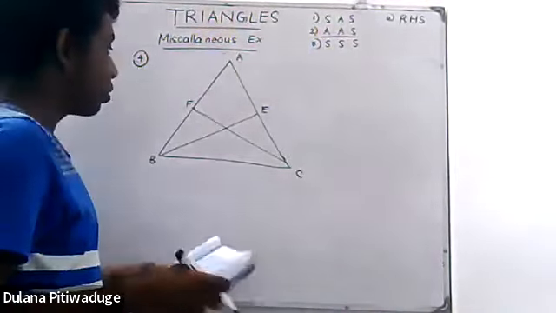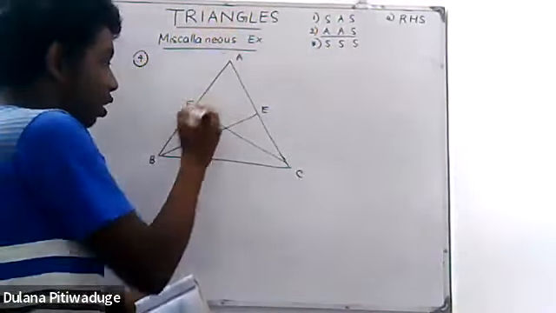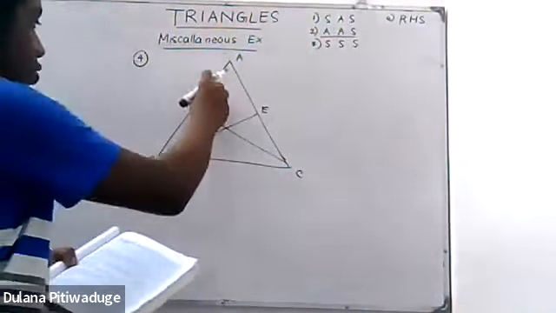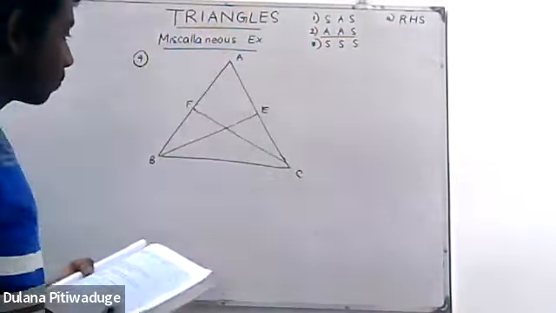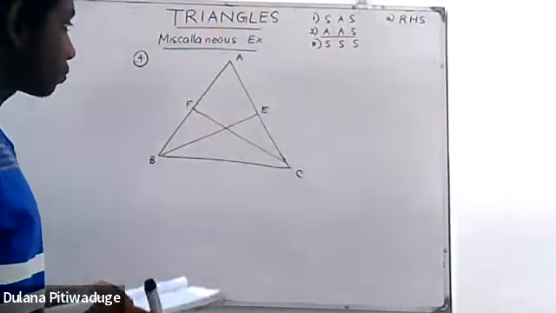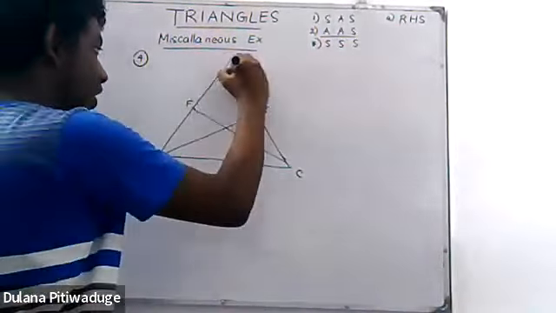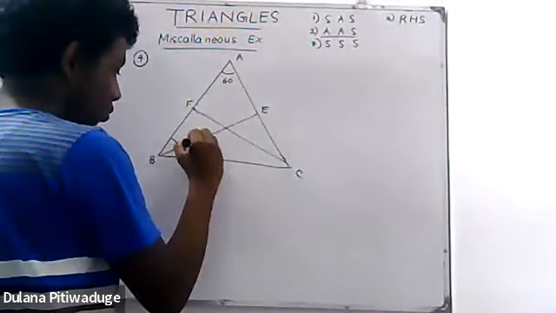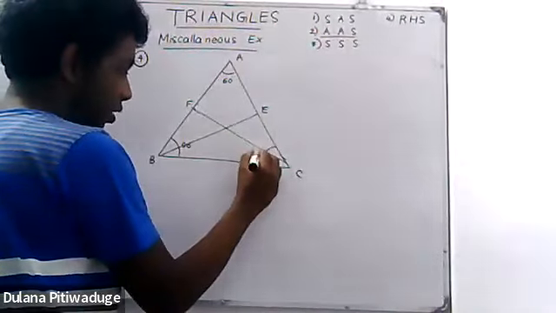So in order to show that those two lines are perpendicular, this angle over here, or either this angle over here should be 90. We should prove that these two angles are 90. So what can we do? We know that these angles are 60 degrees because it's an equilateral triangle.